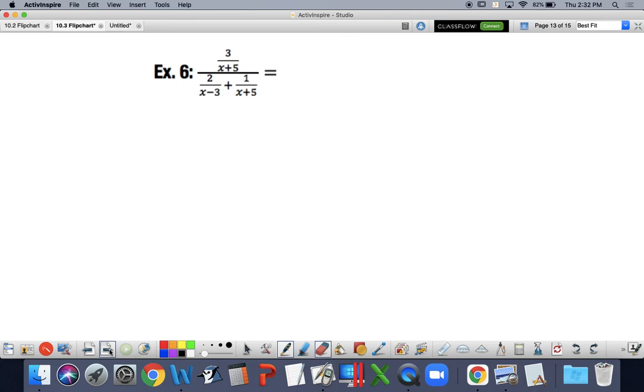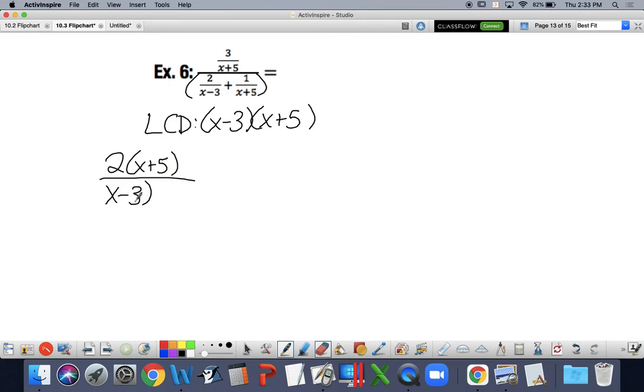All right, same exact approach from the last one. We've got this in our denominator. So I need to identify what's going to be our least common denominator down here. X minus 3 and x plus 5. So I'm going to add those two fractions in my denominator. That first fraction is missing the x plus 5. That second fraction is missing the x minus 3.